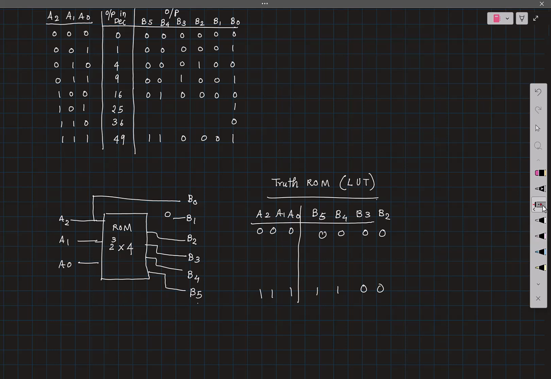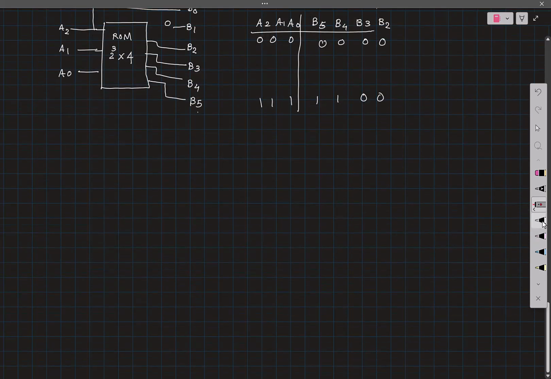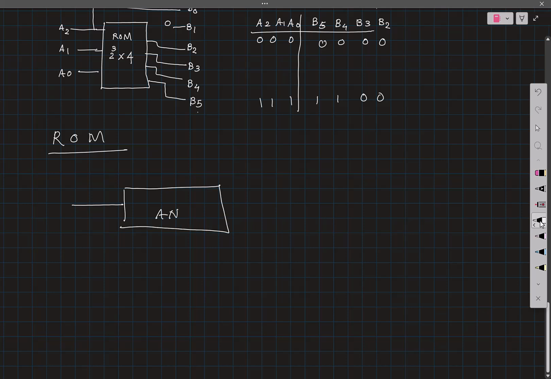So what we have done now is that we have recognized that our read-only memory can be thought of as an array of ANDs followed by an array of OR gates. Now, which of them is programmable?